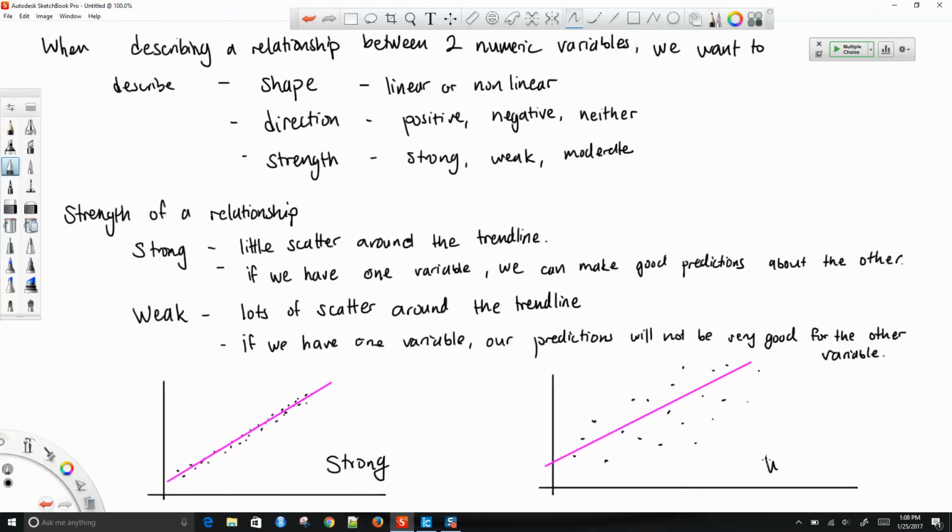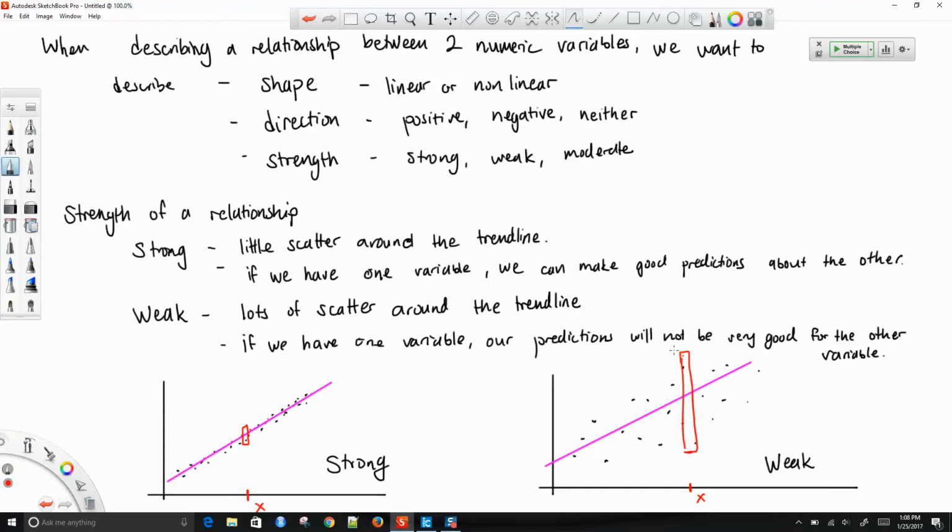Or another way, again, we can say, if you're given this x value and you had to make predictions, with the strong relationship, our predictions would be within this tight window here for that particular x. And over here, if you're given this particular x value, then your prediction window is much wider, right?